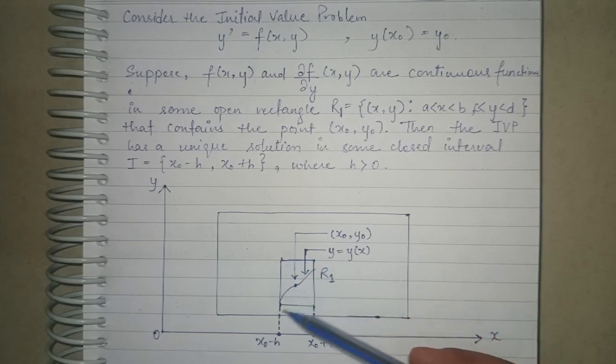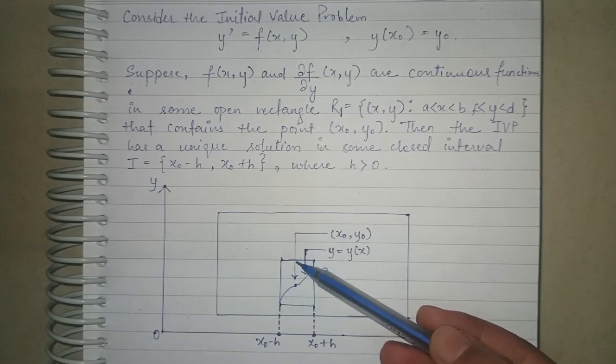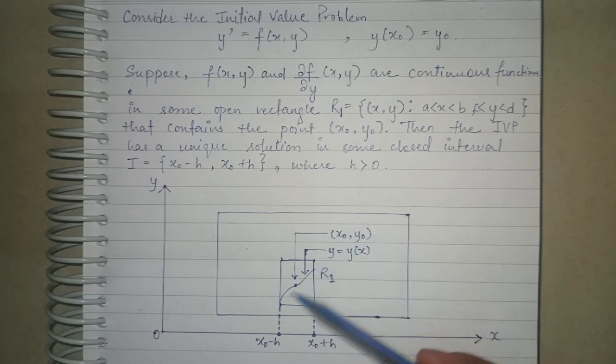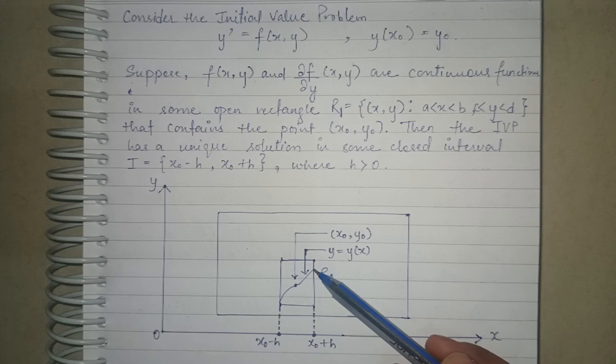Now we have this region R1, and it contains our point (x naught, y naught), and you know that the function f(x, y) is continuous. You can see the curve does not have any sharp point and does not break anywhere.